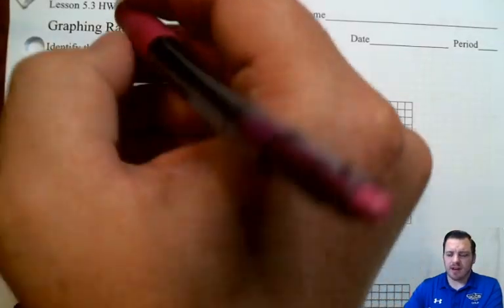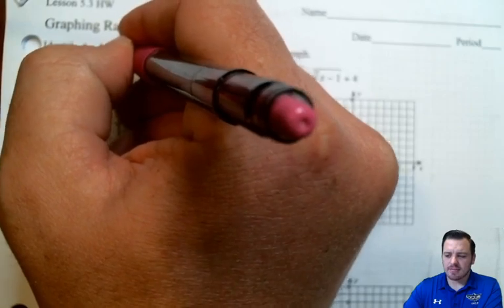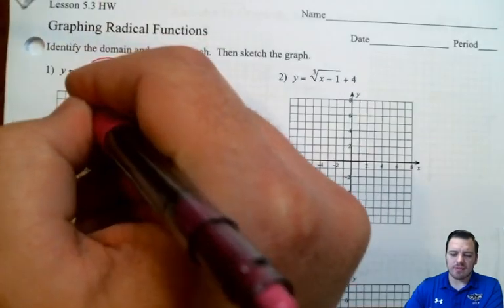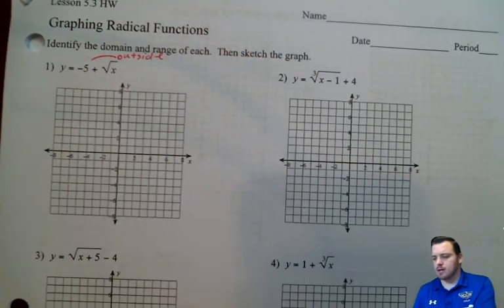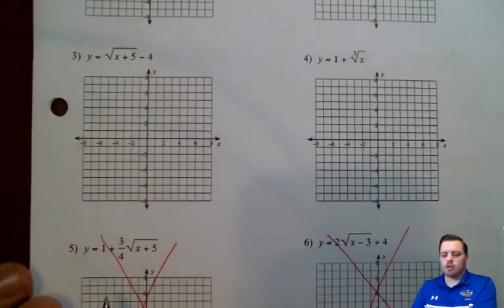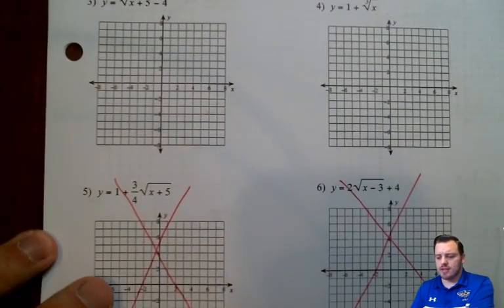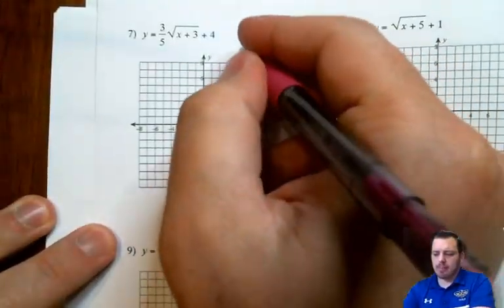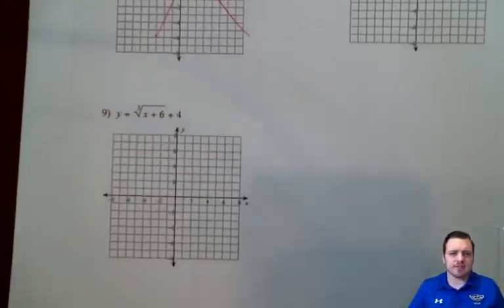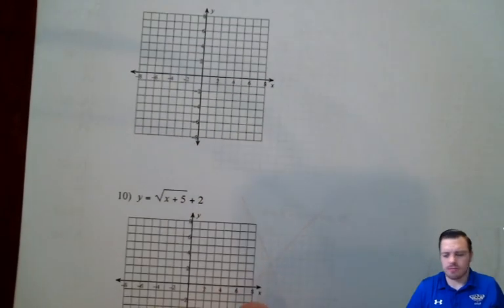Same way with -5. That's on the outside. So you should go down 5 and then graph that. So don't do 5. Don't do 6. And don't do 7. So don't do 5, 6, or 7. Everything else you guys can handle.